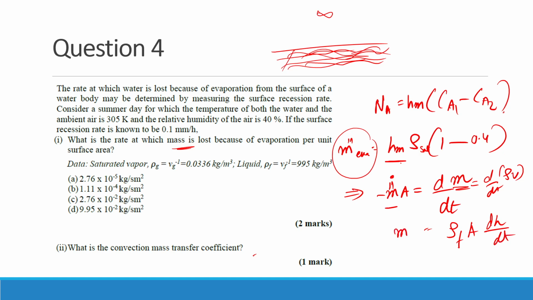This will be equal to m double dot into A. So this A will get cancelled, and we have been asked to find the mass transfer rate, basically this term. dH upon dt is the recession rate that is given as 0.1. So you can just write this as rho f into 0.1, replace it over here and get the value of HM.